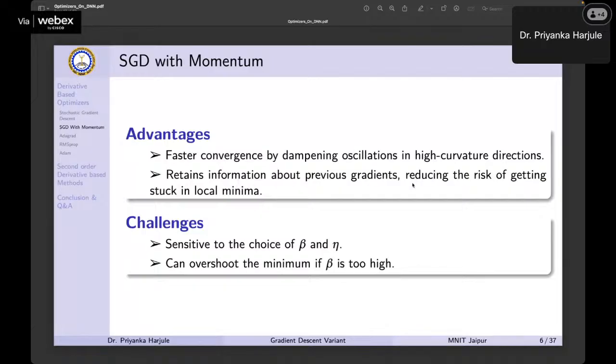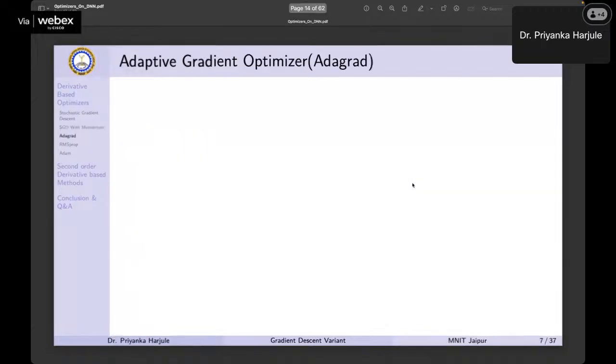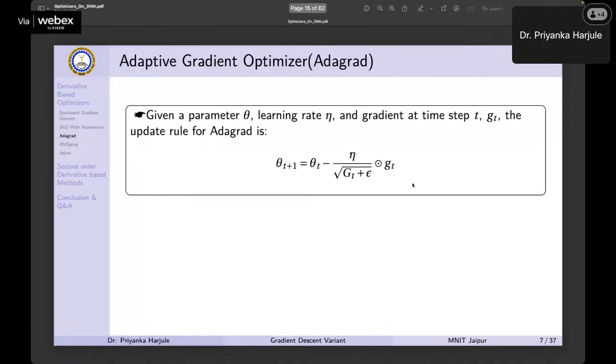So the rare features learn very slowly or sometimes almost not at all because the learning rate is not adapted. Momentum also keeps accumulating past gradients, so if a feature has a consistently high gradient, it keeps pushing updates, potentially overshooting. In that case, AdaGrad comes into the picture.